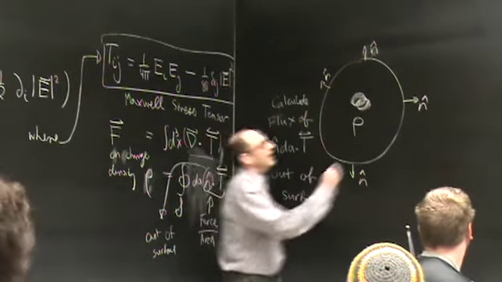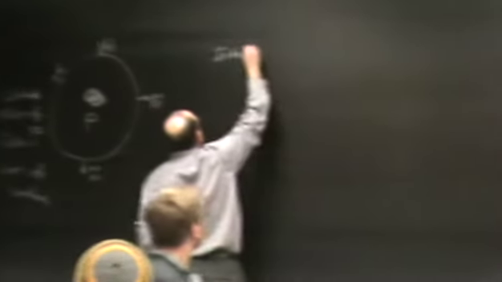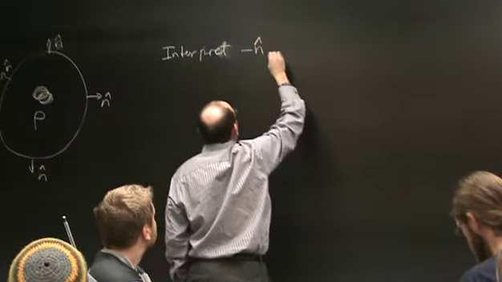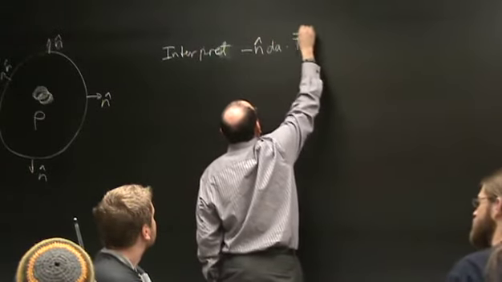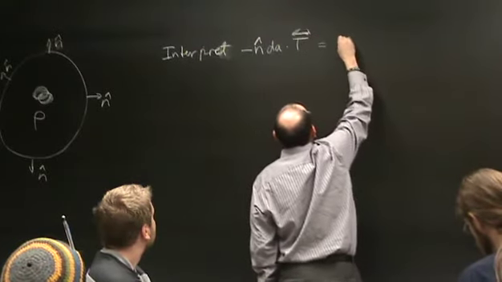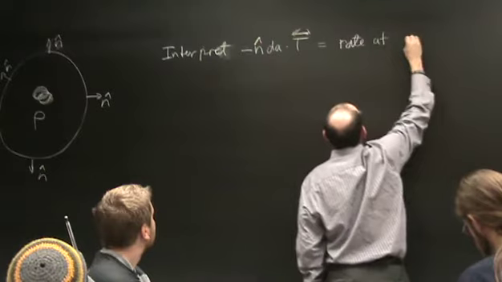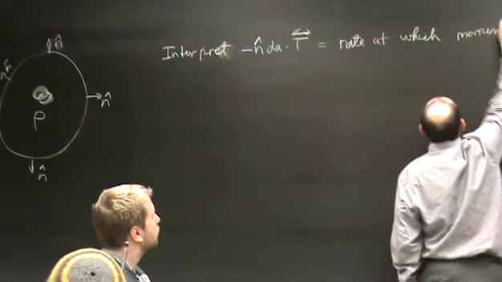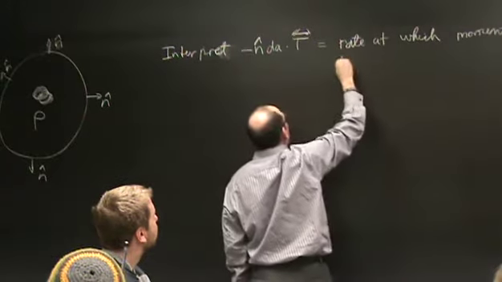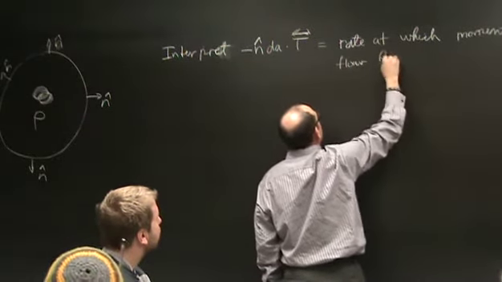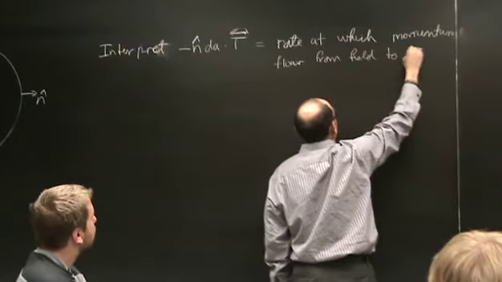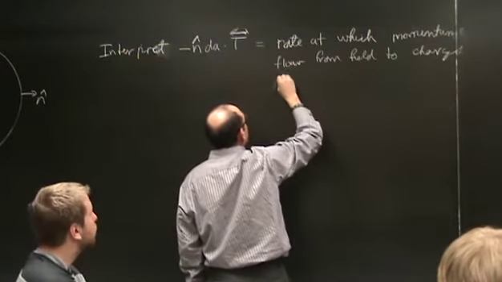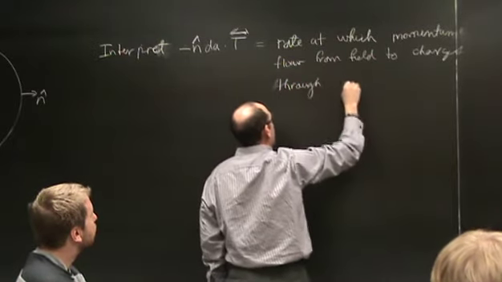So that means I can interpret minus n hat dA as equal to the rate at which momentum flows from field to charges through n hat dA.